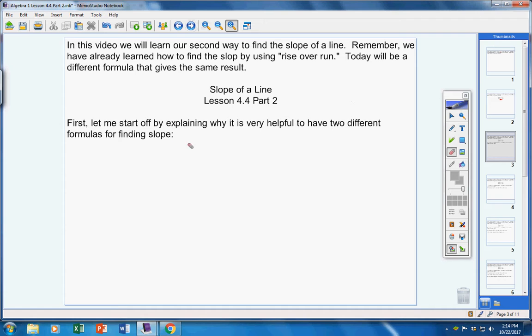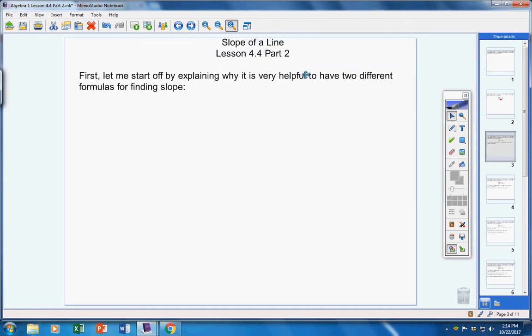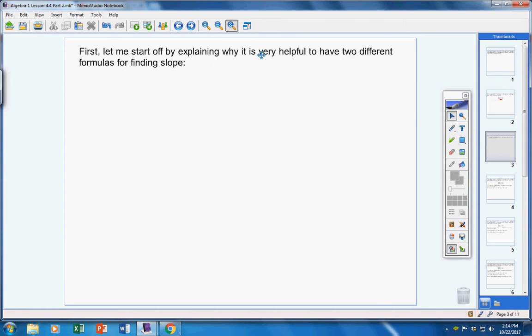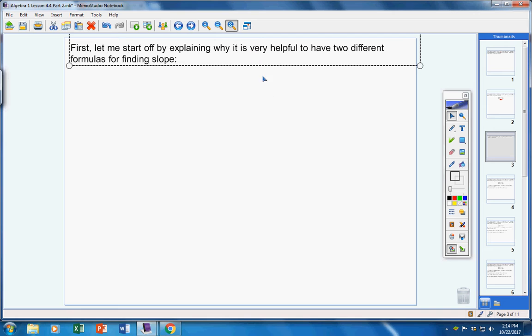Now, first, let me start off by explaining why it is very helpful to have two different formulas for finding slope. You can take notes on this or you can just watch. It's up to you.